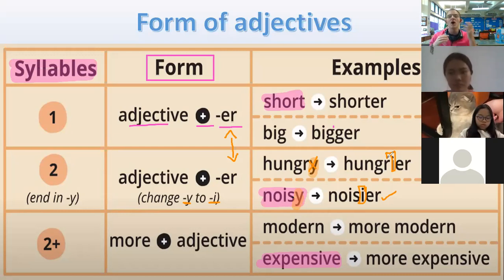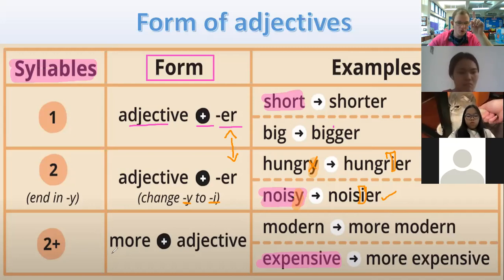These rules will only get remembered in our brain if we practice them. And then the last rule when it comes to comparative adjectives: if a word has two or more syllables but does not end in a Y, we use more before the adjective.